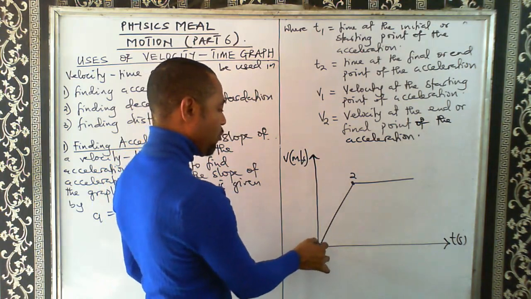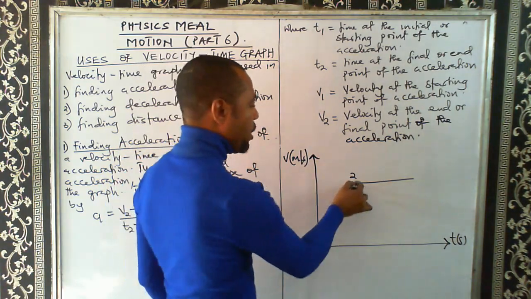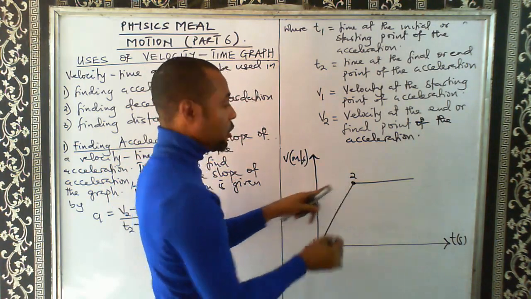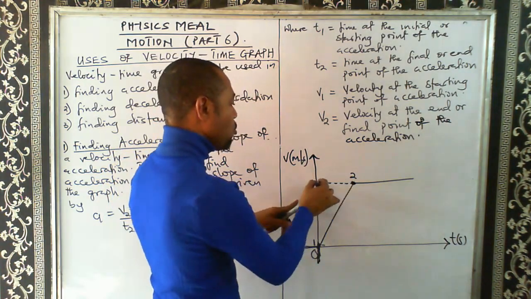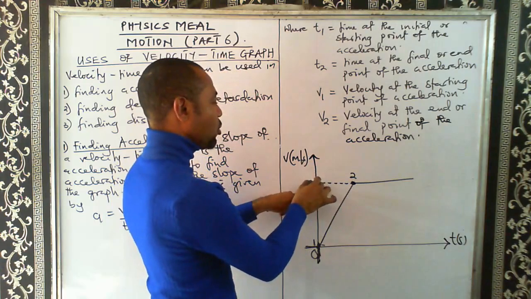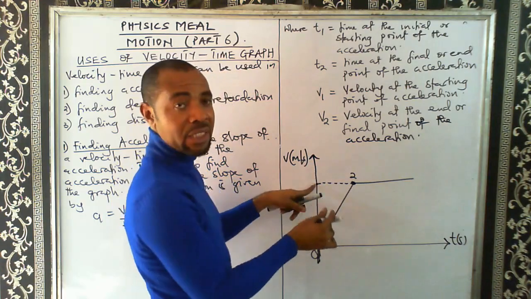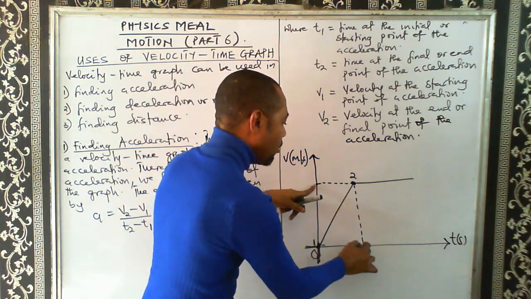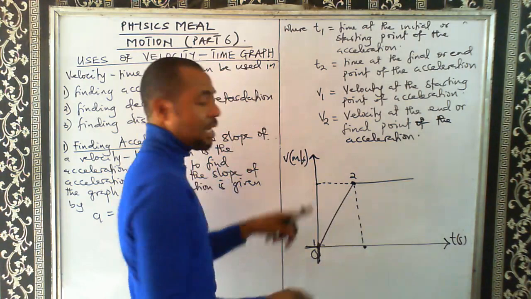So here, the time is 0. When you come here, what is the velocity at this final point? From that point, move toward the velocity axis. Whatever velocity you have here is the velocity at the final point. What is the time at the final point? From here, come down. The time you get here is the time at the final point.